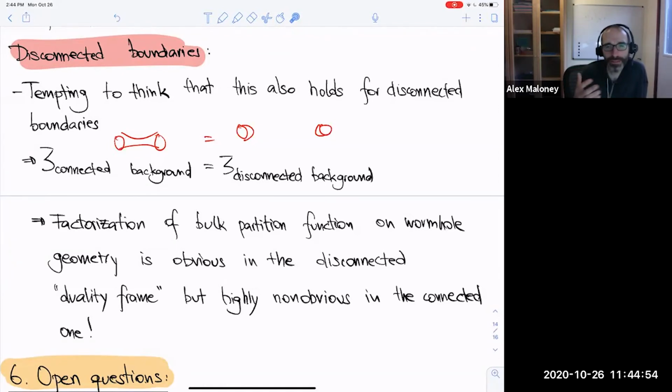So for example, the one loop exactness of the pure gravity partition function follows from the fact that the characters of the Virasoro algebra don't depend on the central charge. So you might wonder if there's a similar explanation here, that you're computing characters of some algebra.